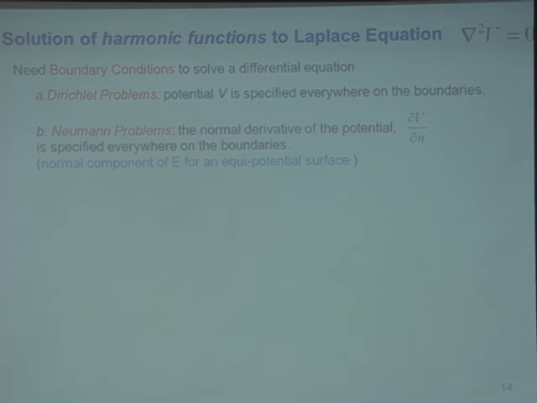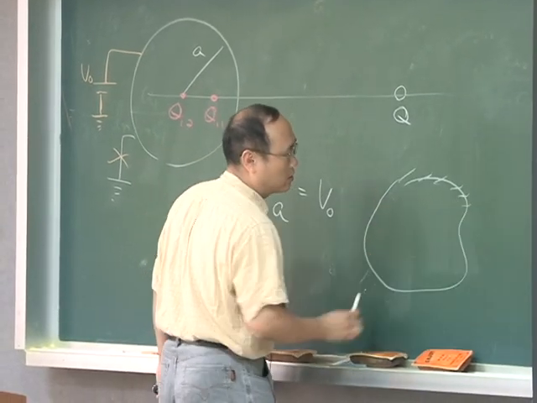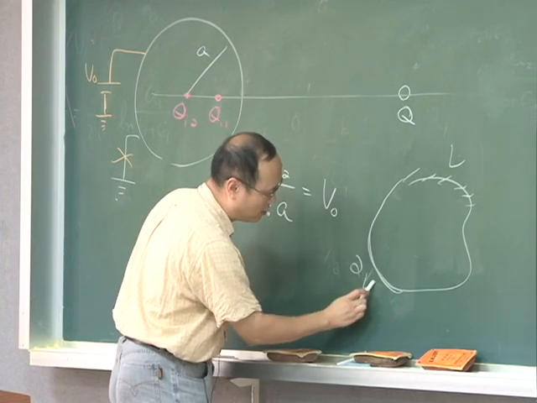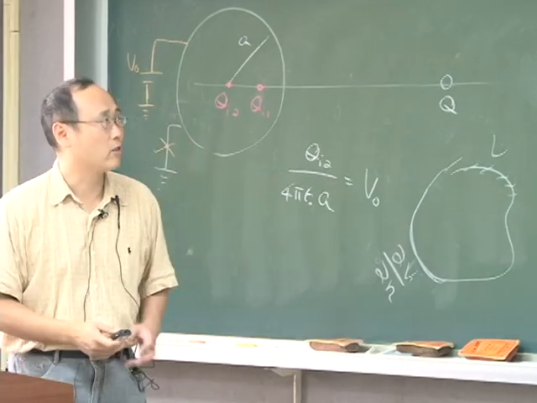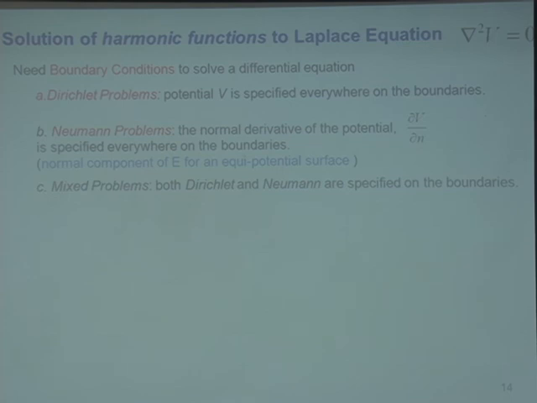Okay, and on some problems, in fact, it's a mixture of these two boundary conditions. 有时候呢，在某些边界上头，这里呢是 specify electric potential，这里呢是 specify the normal component of the electric field. Okay, and so sometimes you have some mixed problems, but the boundary conditions have to be specified to solve this Laplace equation.